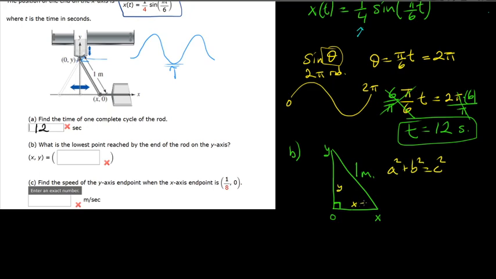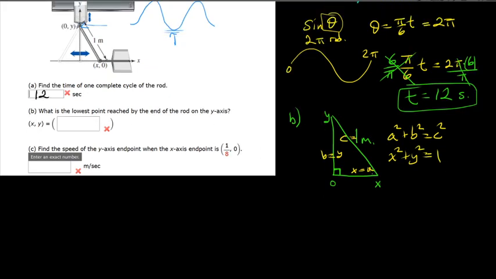Here a is x, b is y, and c is just 1. So we just get x squared plus y squared equals 1. So that's the relationship between x and y. Okay. And what can we do with that? Well, let's continue over here.